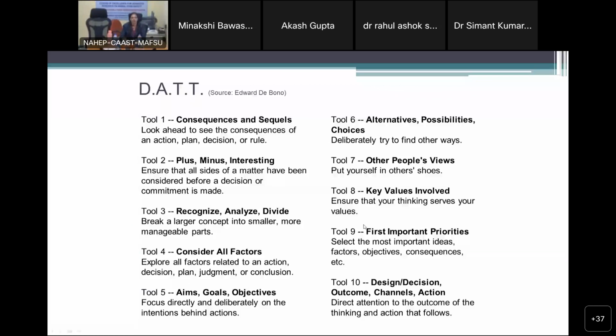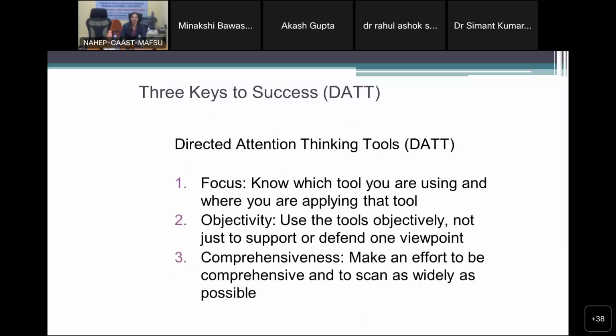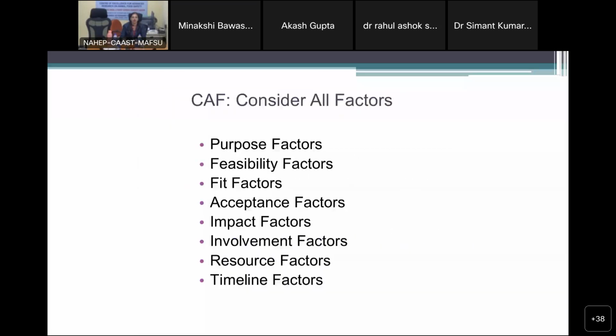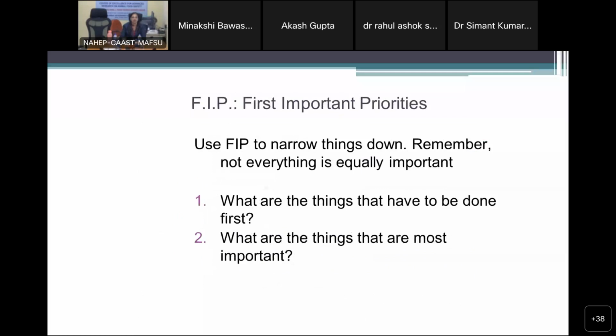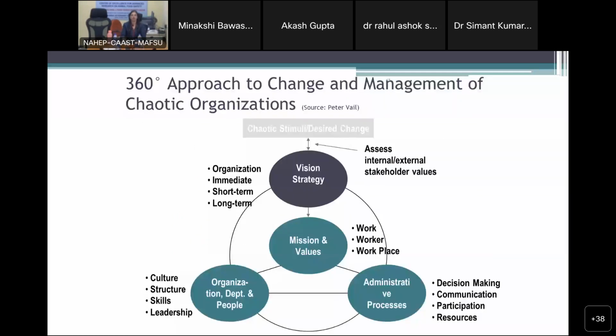Whatever we have spoken, they just put it in a slightly different way. Okay? All right? So in case you go through this and you don't understand it, you can take my number from Smita and connect with me. No problem. So we are going ahead, and yes, this is a 360-degree approach.